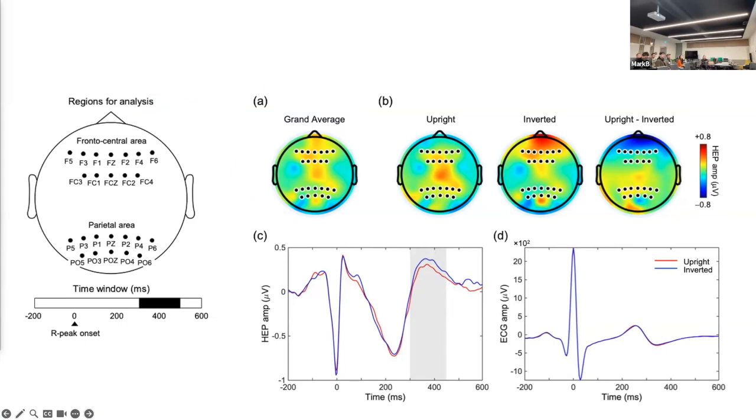There's a lot of stuff here, but the important point is my region of interest here, 300 or 400 milliseconds after the heartbeat. It shows a significant difference between two conditions: the high level of cybersickness and the low level of cybersickness.